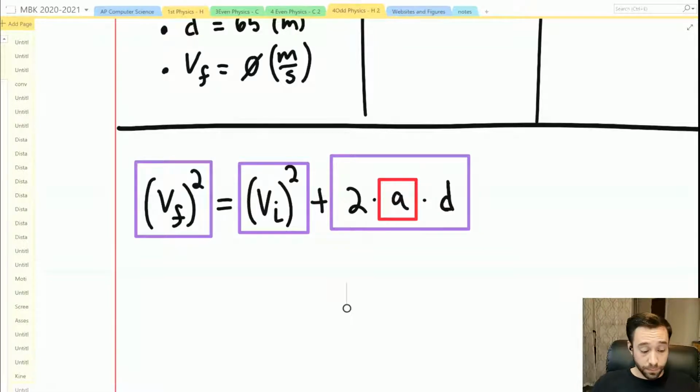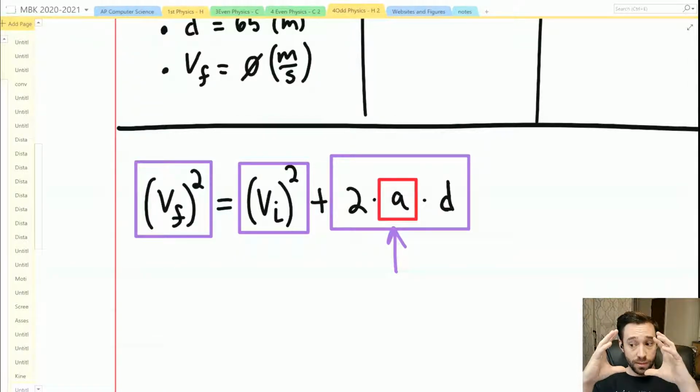Okay. Now, this is where it makes life a little bit easier when we're using this phrase term. So the term that has the variable that I'm looking for, I'm going to keep that stationary. I'm not going to touch that until all the other terms on that side are moved to the other side.